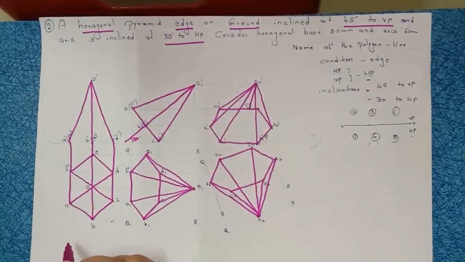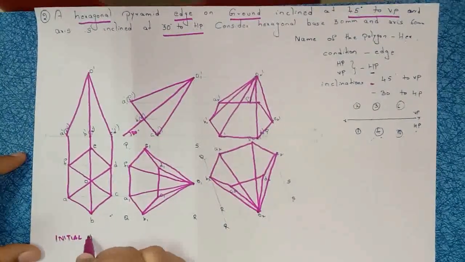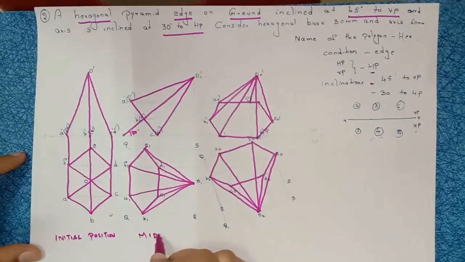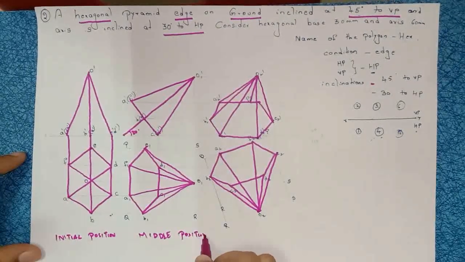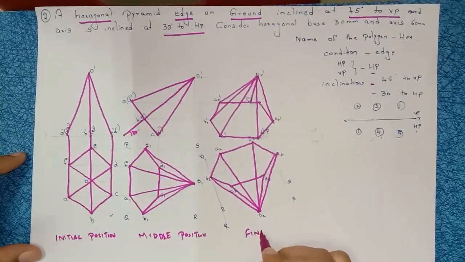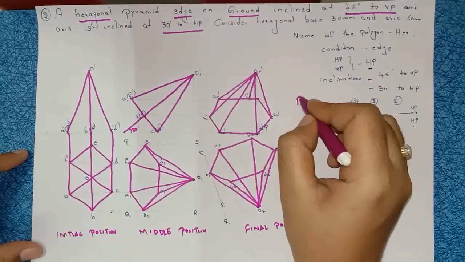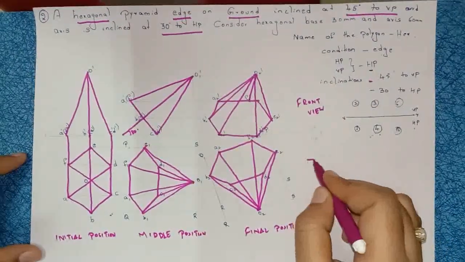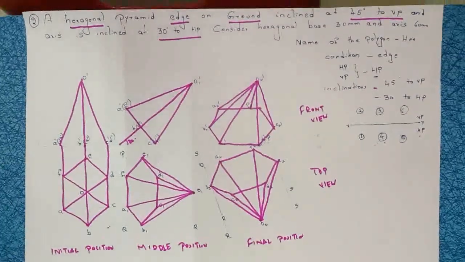After completion of your problem, write down here, this is your initial position, this is your middle position, this is your final position, this one is your front view, this one is your top view.